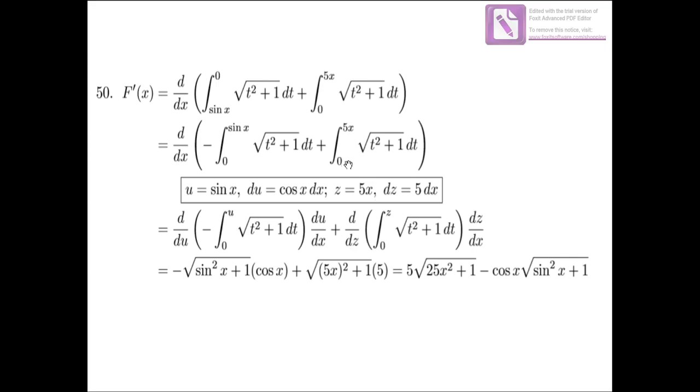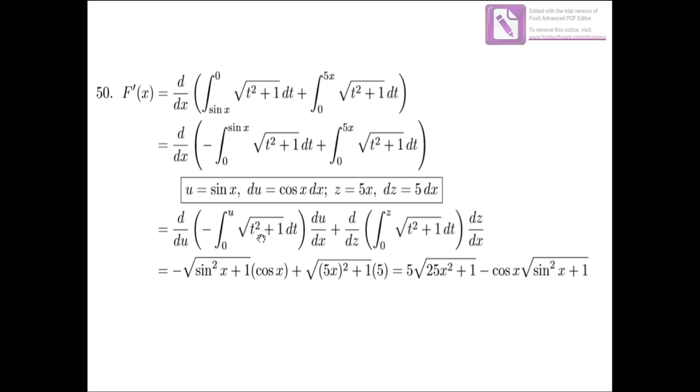For this one, you replace d over dx by d over dz multiplied by dz over dx, and here you replace 5x by z. So you have the derivative of the integral of root of t squared plus 1, where t is from 0 to z. Now this form is the fundamental theorem of calculus, and this form also.